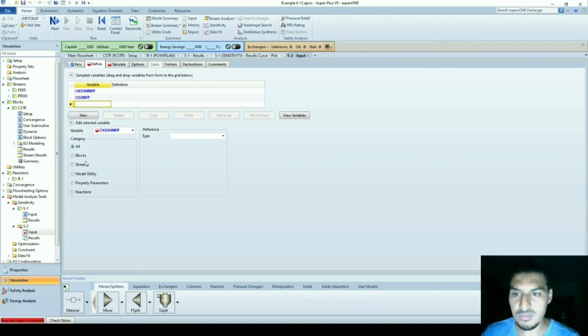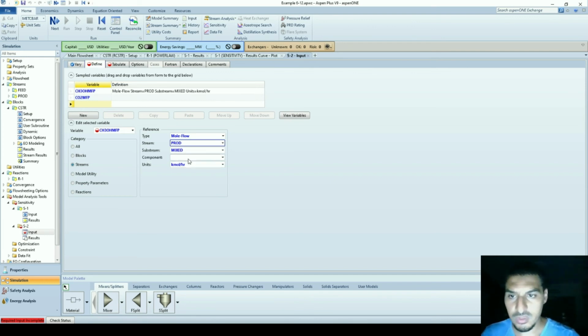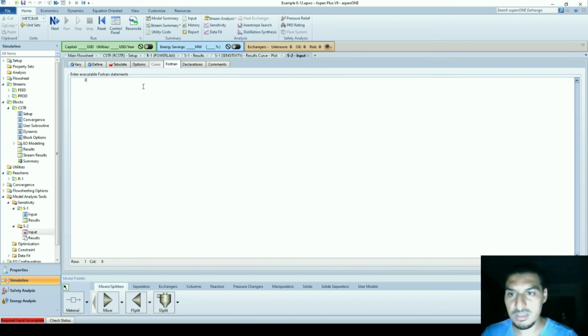The first is gonna be stream, and the type is going to be mole flow in the product, and the component here is going to be methanol. The second is going to be the same but for CO2, so it's stream mole flow of the product, and the component is CO2. And here in Fortran, I'm gonna calculate the selectivity.